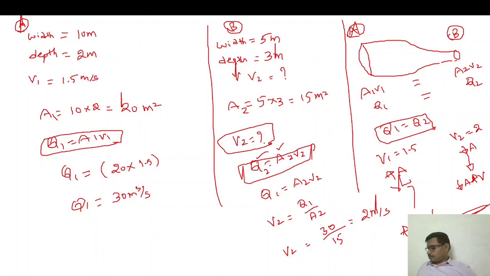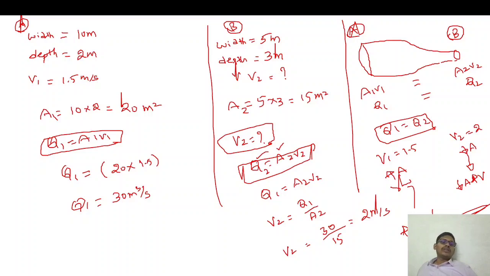And we have seen a problem: width equal to 10 meters and depth equal to 2 meters, and width equal to 5 meters, depth equal to 3 meters. Velocity is 1.5 meters per second, and the second velocity is unknown. So here area 1 is 20 square meters, area 2 is 15 square meters.